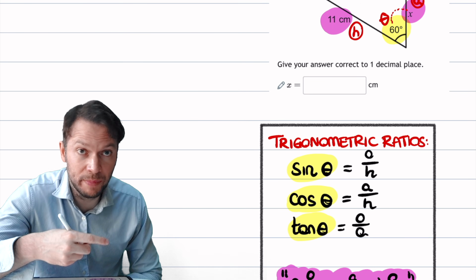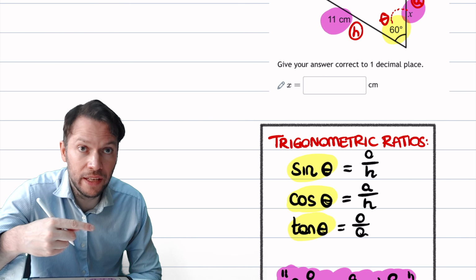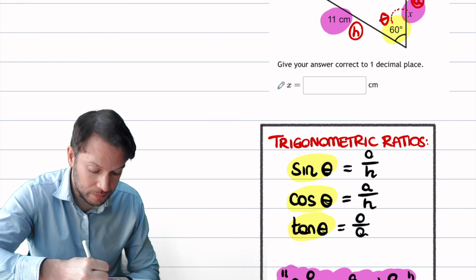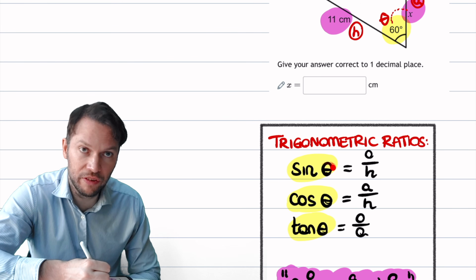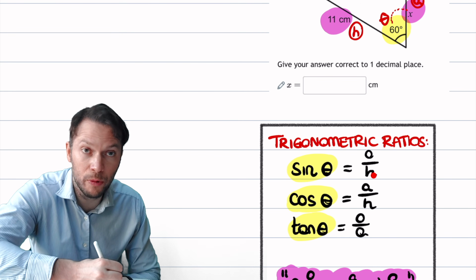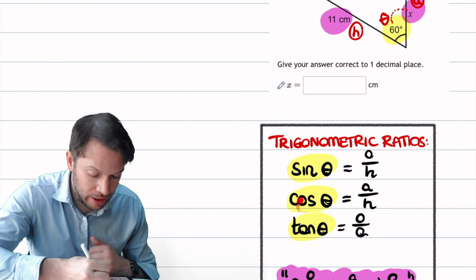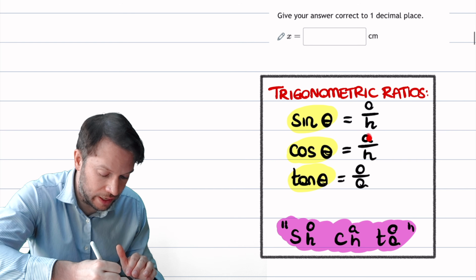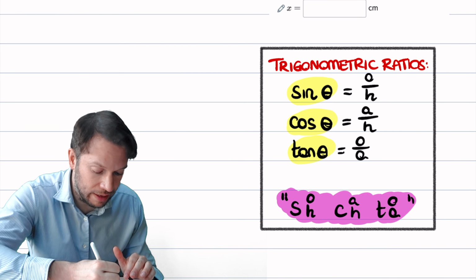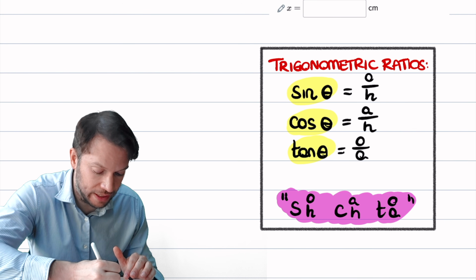Remember, ratio just means the relative size of two things, and you can find the relative size of two things by dividing them. So sine of the angle of interest theta gives you the relative size of the opposite and the hypotenuse, O and H. Cos of the angle gives you the relative size of the adjacent and the hypotenuse, A and H. And tan of the angle gives you the relative size of the opposite and the adjacent.